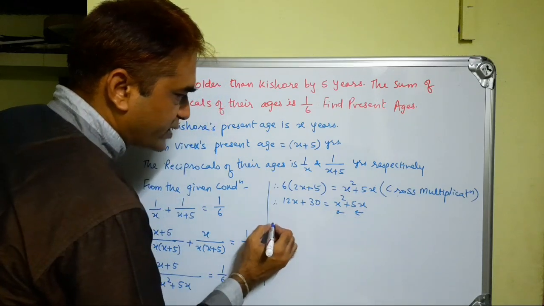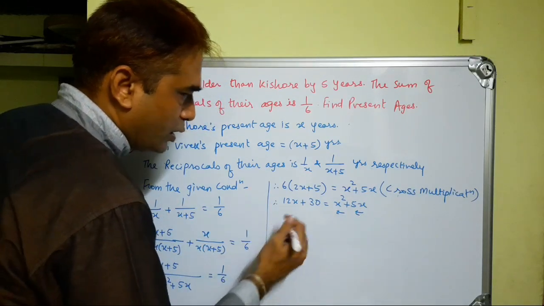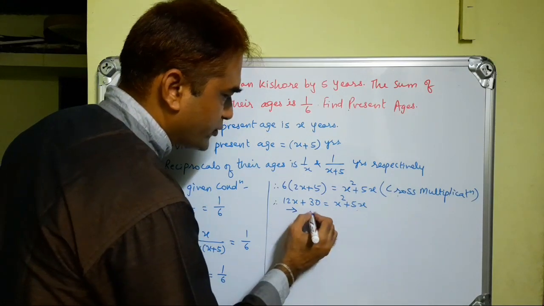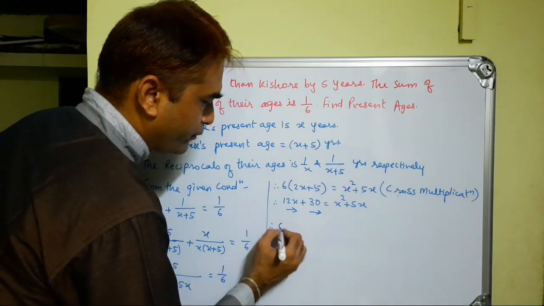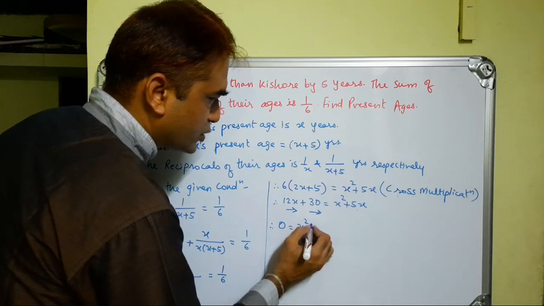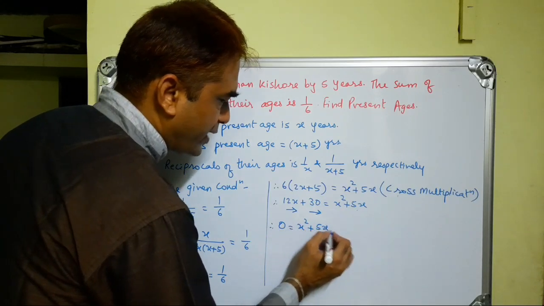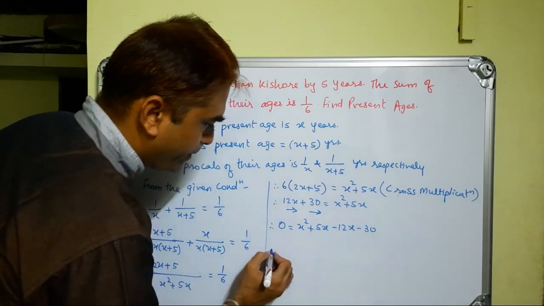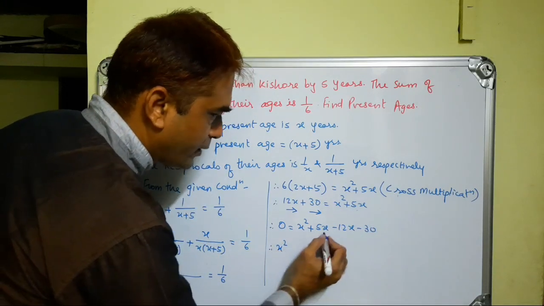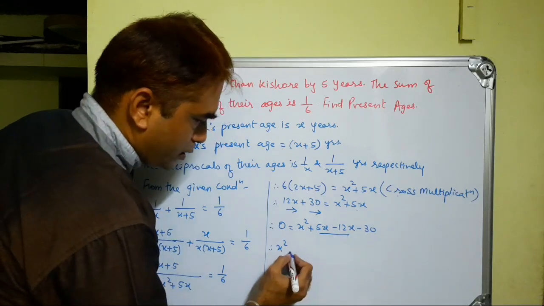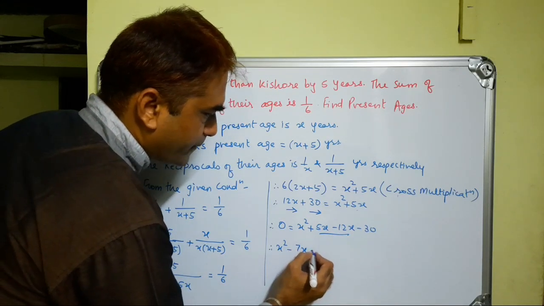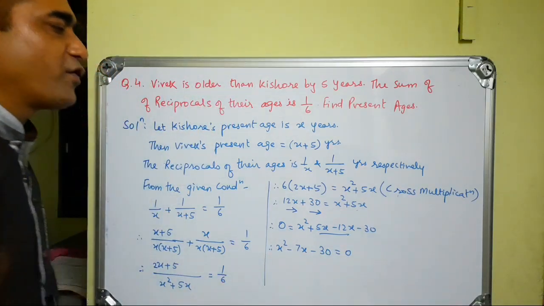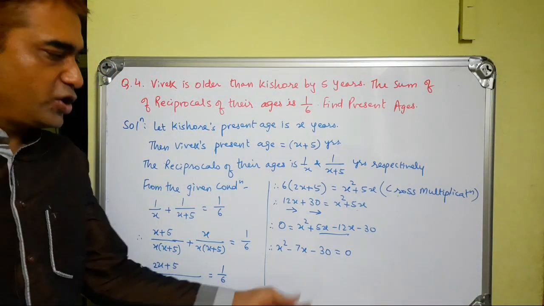Write both the terms on the left side, or what we'll do, we'll transfer these terms to the right side. Therefore 0 equals x square plus 5x minus 12x minus 30, and therefore x square minus 7x minus 30 equals 0. Here we have got the quadratic equation.